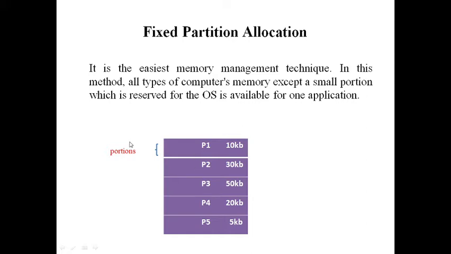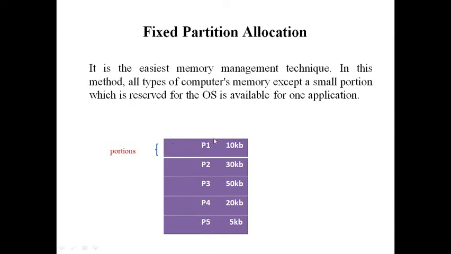So I will fix all 5 blocks at a time, for the 5 programs which have to be executed. Here, what is fixed? The blocks are fixed: 5 blocks for my 5 programs.